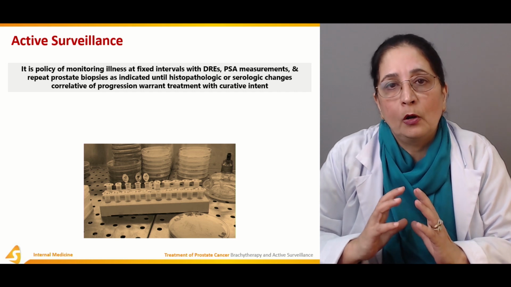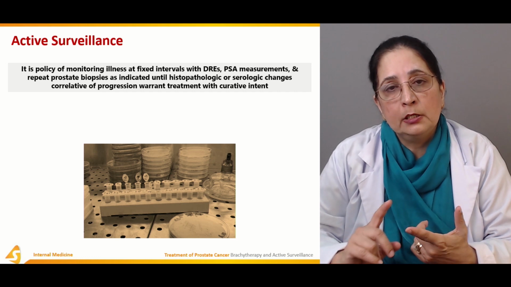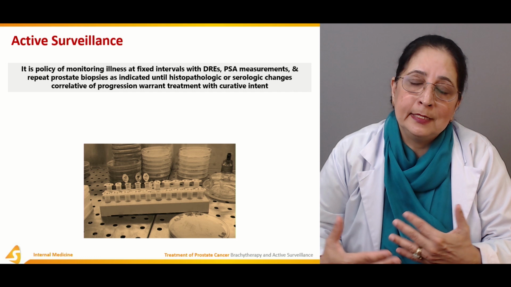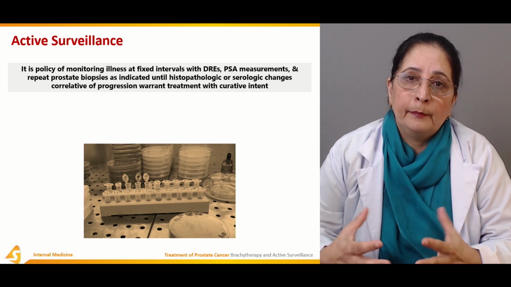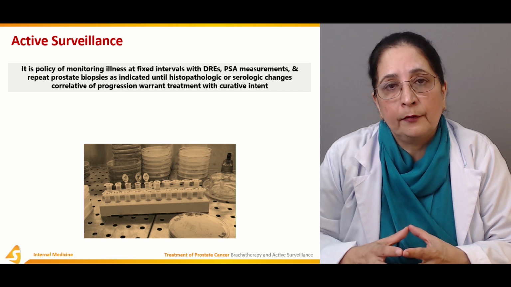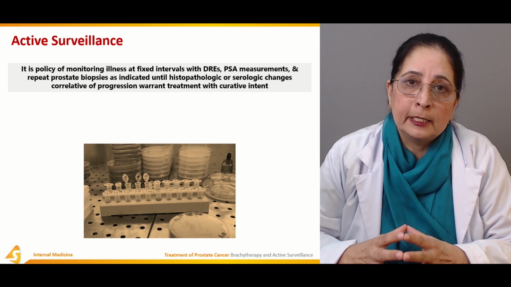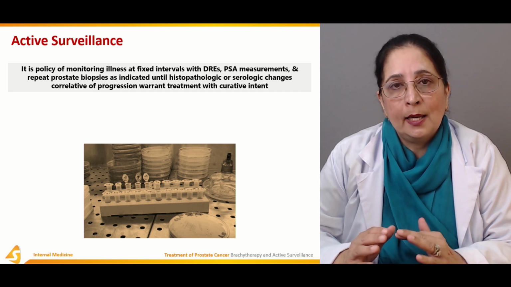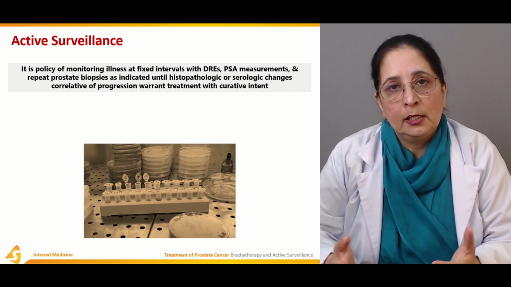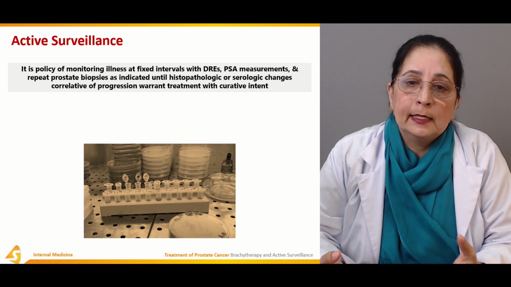The patient should be closely monitored, and how can we monitor the patient? The most common is the digital rectal exam, which gives an idea about the texture of the prostate, the enlargement of the prostate, and any changes in the prostate. It is the most simple method and can be done in a routine office visit as part of a routine clinical exam.